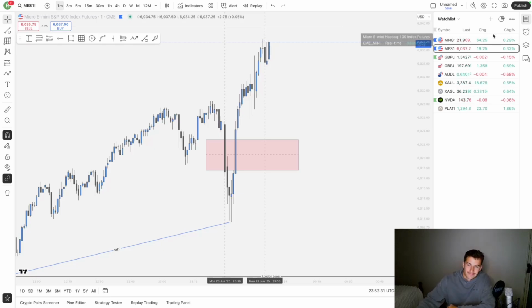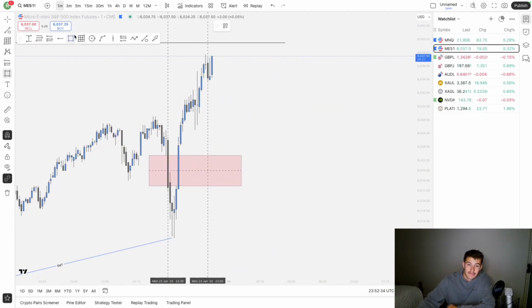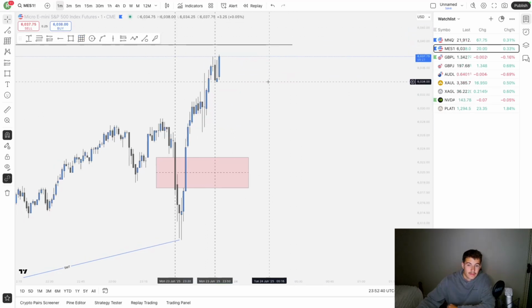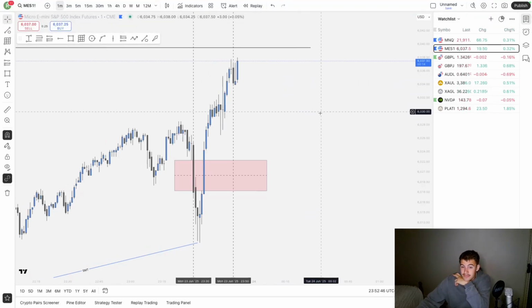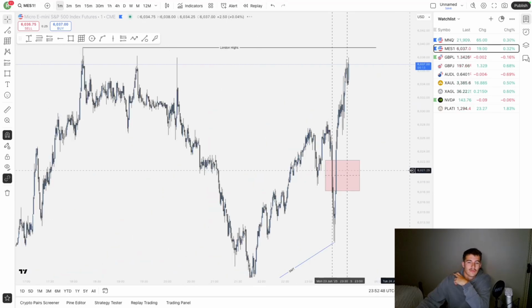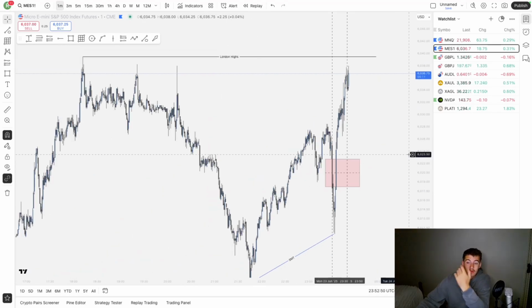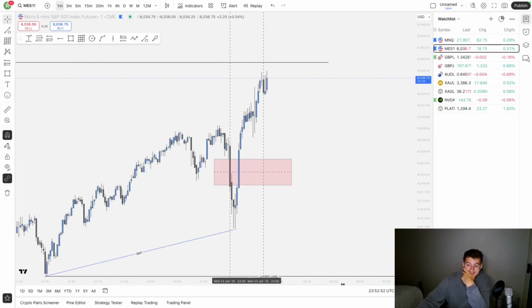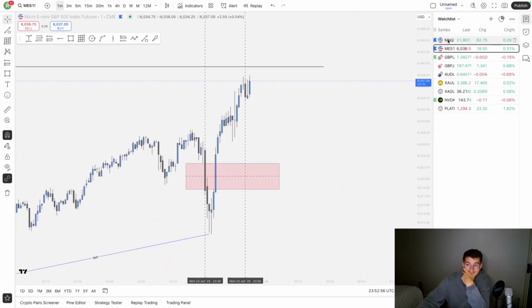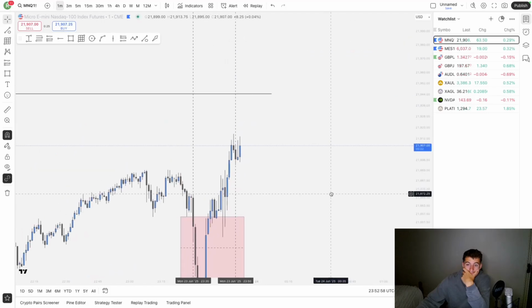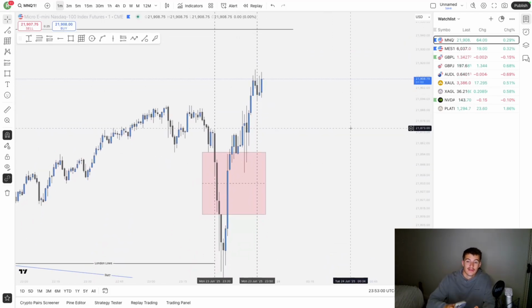Oh, what did I say, man? Did we tap equilibrium? Nah. If these draws on liquidity get taken, it's going to be a no trade day for me. Those were the obvious draws on liquidity for me. NQ's still sitting a little bit below it.